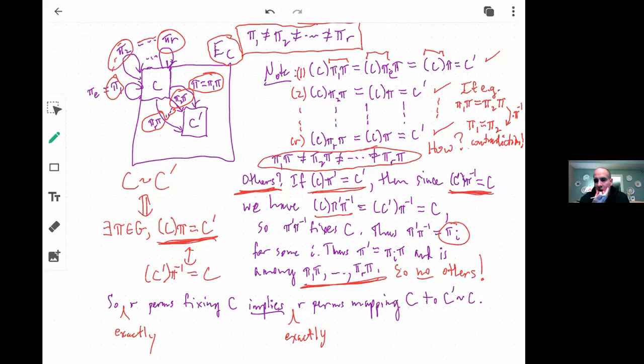So if I have r things fixing a coloring, what have we shown? Then there are exactly r things that are going to move me from that coloring to any other coloring in the equivalence class. That is a fascinating little tidbit to have in our back pocket.